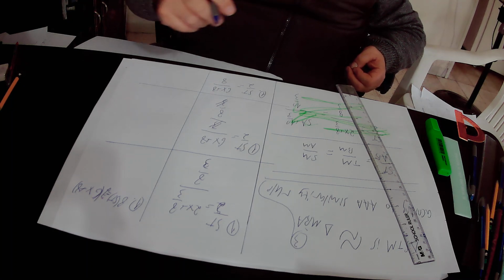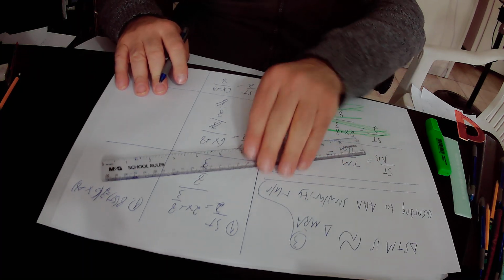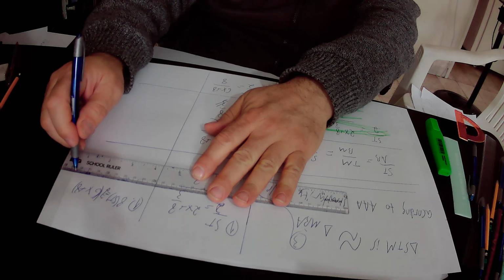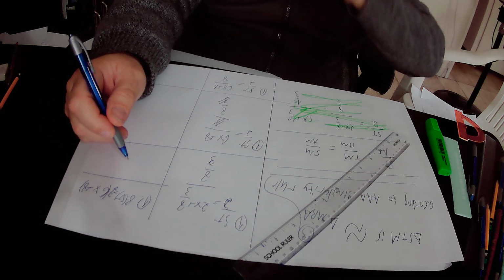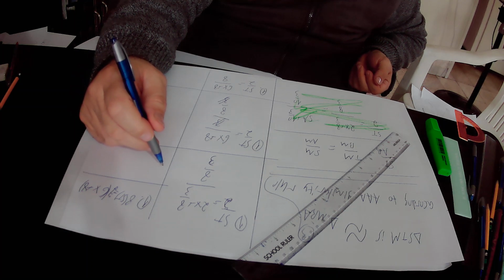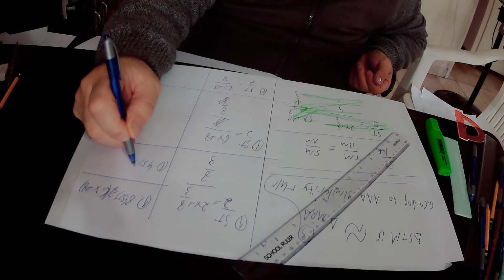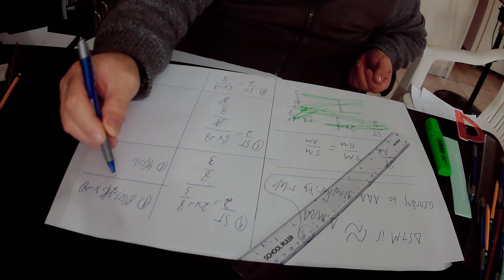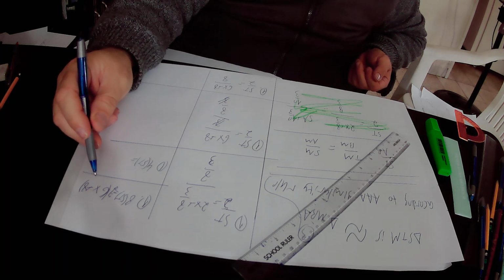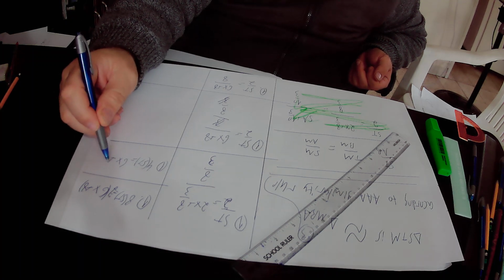Here we'll divide this equation 1 by 2. 8ST over 2 is 4ST. On the other side of the equation, 2 over 2 is 1, so we're left only with 6x plus 8.